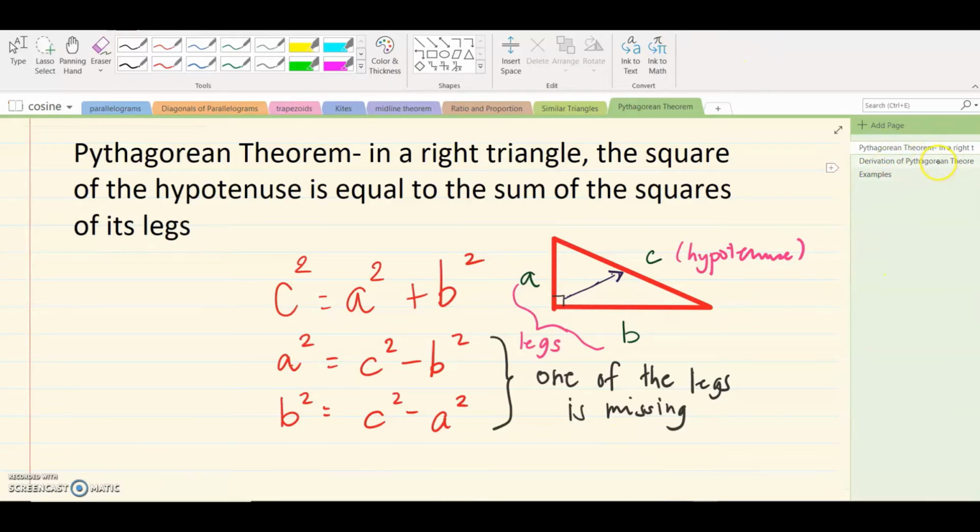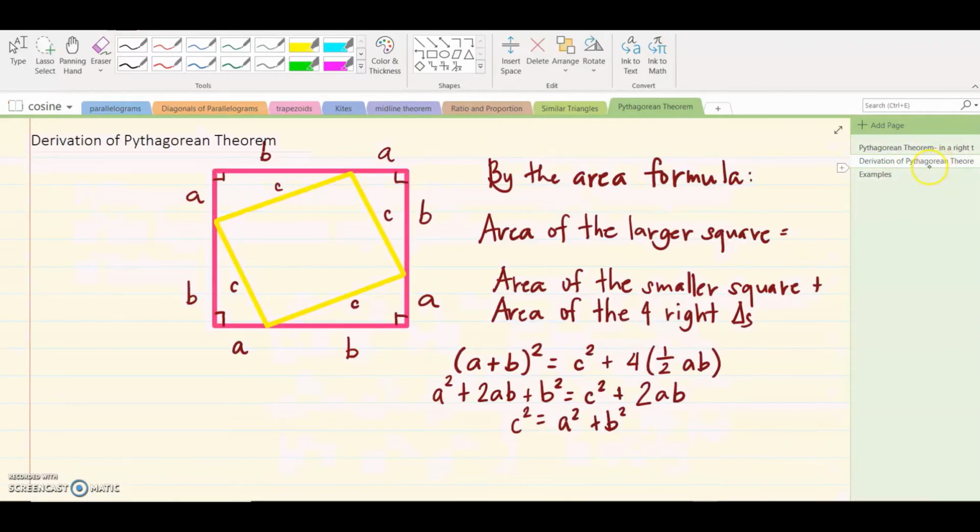Now let us look at the derivation of the Pythagorean theorem. There are many ways to prove it, and this is one of them, by using the area formula. You will notice here you have a larger square with side measures a plus b.